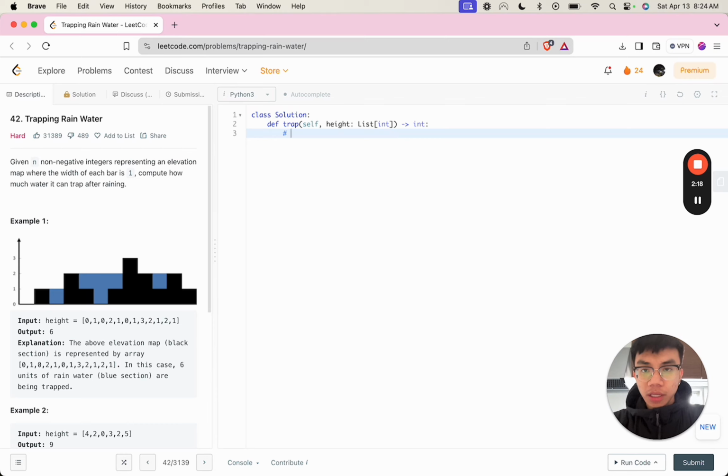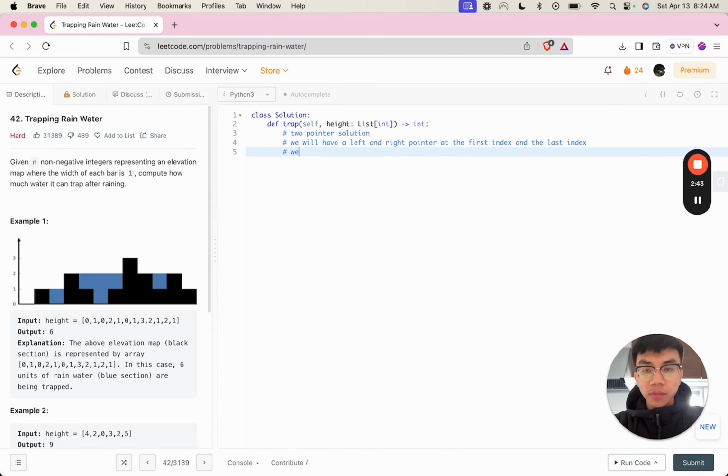So the solution I have for you is a two-pointer solution. We will have a left and right pointer at the 0 index and the last index, at the first and last index.